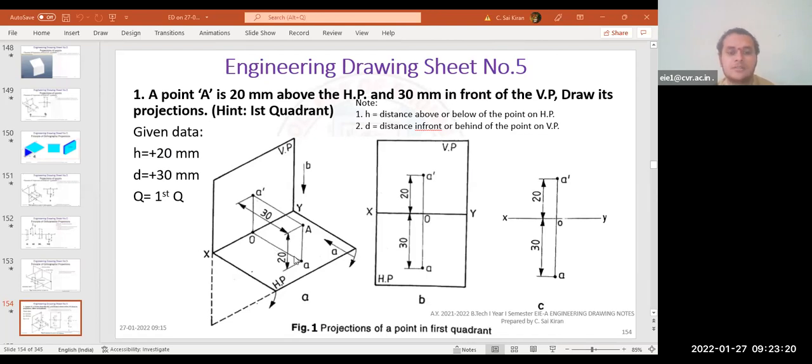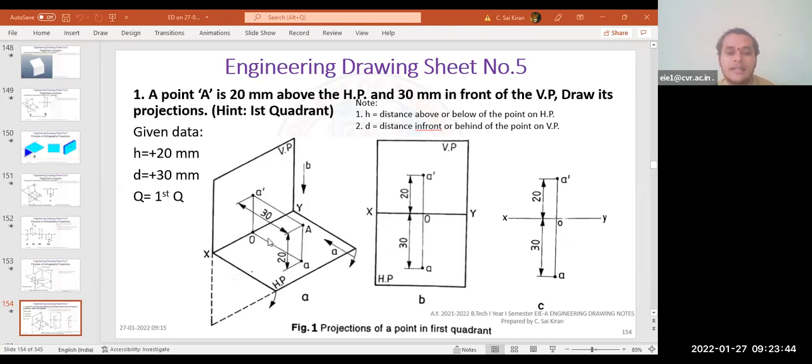Because this is the H distance, it will be reflected on the VP, and whatever the D distance is, it will be reflected on the HP. So this D distance of 30 mm will be below the XY line and 20 mm above the XY line.